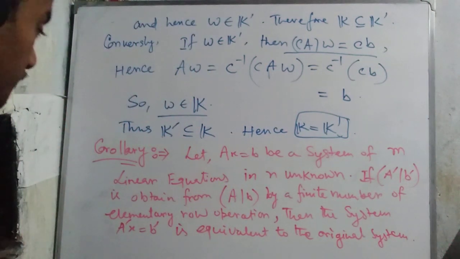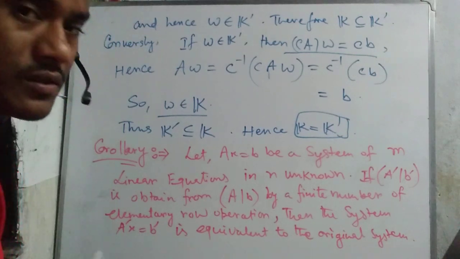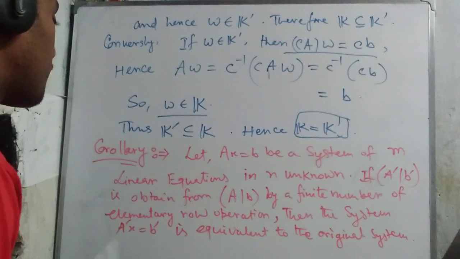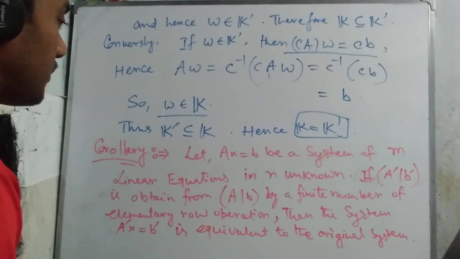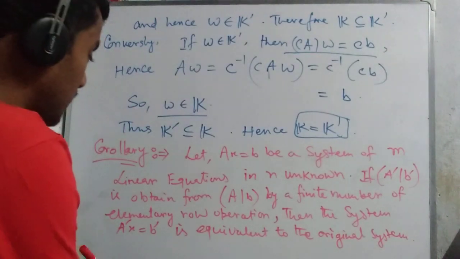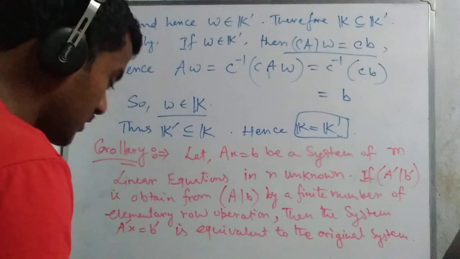Understood? That means if the augmented matrix A dash B dash is obtained from augmented matrix AB by a finite number of elementary row operations, then the system A dash X equal to B dash is equivalent to the original system.